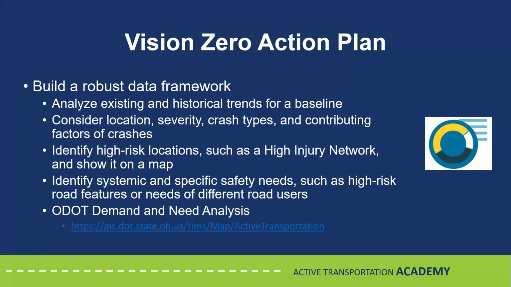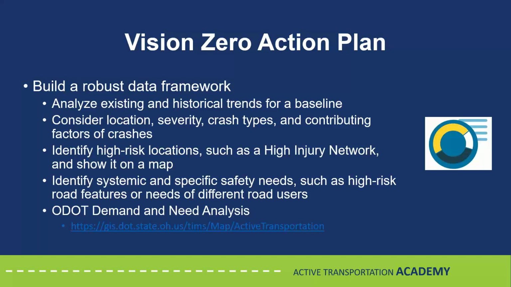Some of the slides from last time, like the number 2 killer of our children is traffic fatalities. So thinking about the who and the where and the why can really help direct us toward the what.